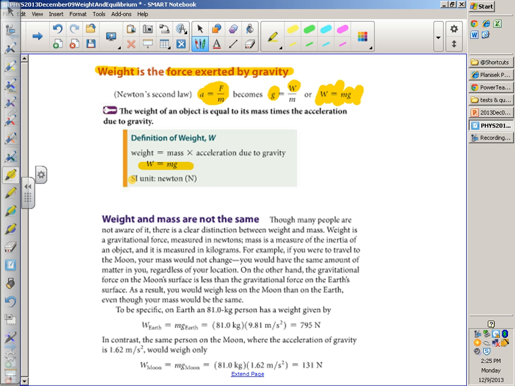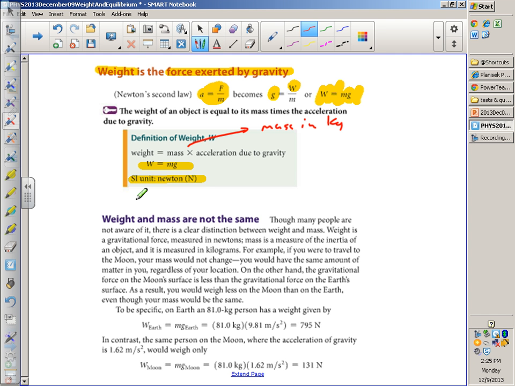And because this is a force, that unit will be in newtons. Remember, newtons is a derived unit that includes kilograms. So we have to make sure that this mass is in kilograms, and that will give us the force that gravity is acting on that object. Good there?